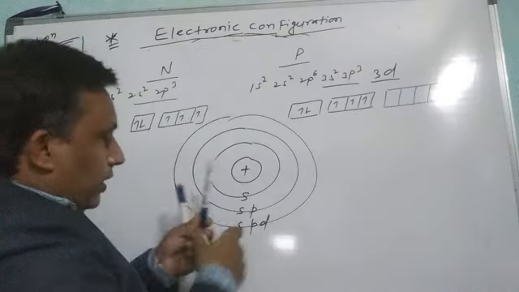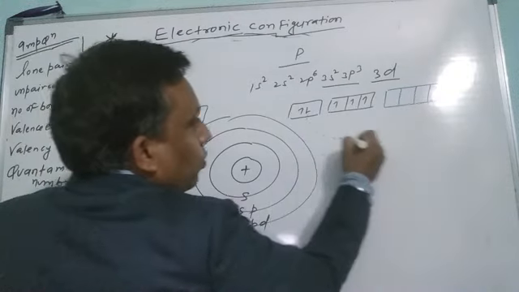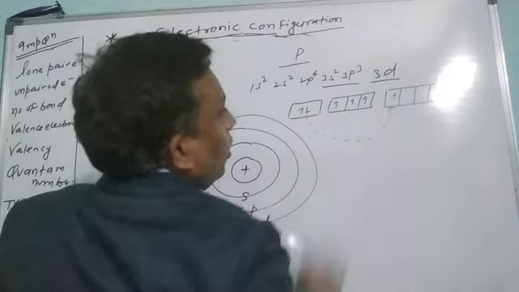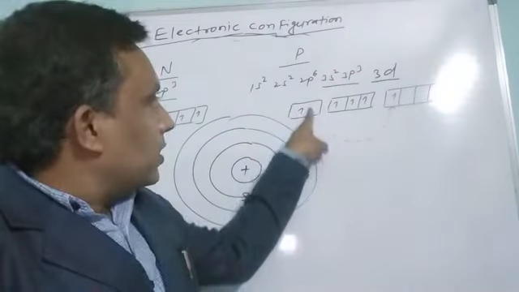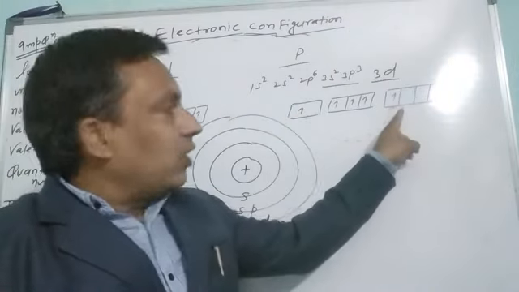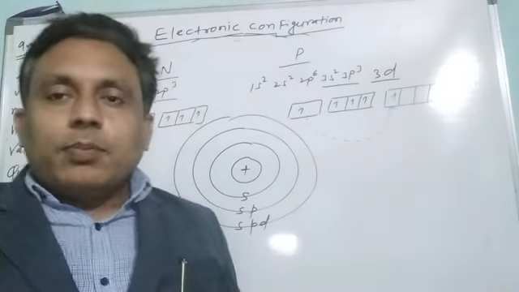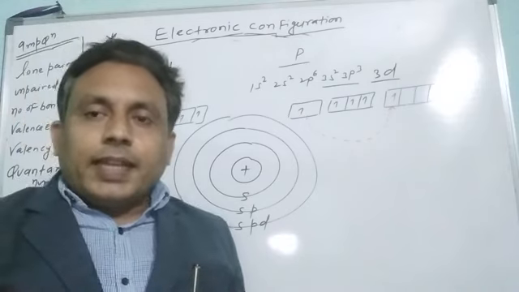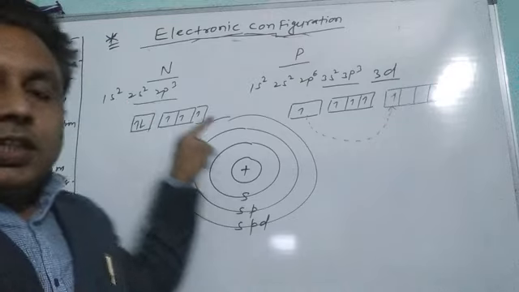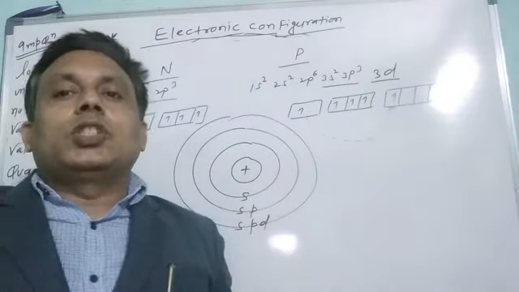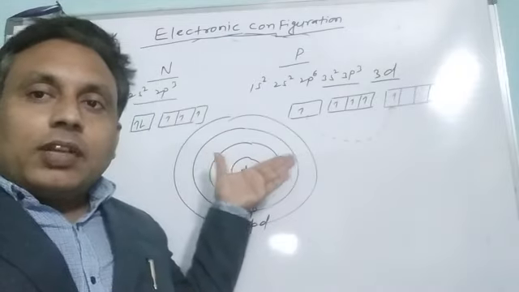So the number of unpaired electrons increases when this electron goes towards the 3d orbital, and then phosphorus makes 5 bonds. But in case of nitrogen, that is impossible, because in the second orbit a d orbital is absent. So this condition does not occur in case of nitrogen atom.